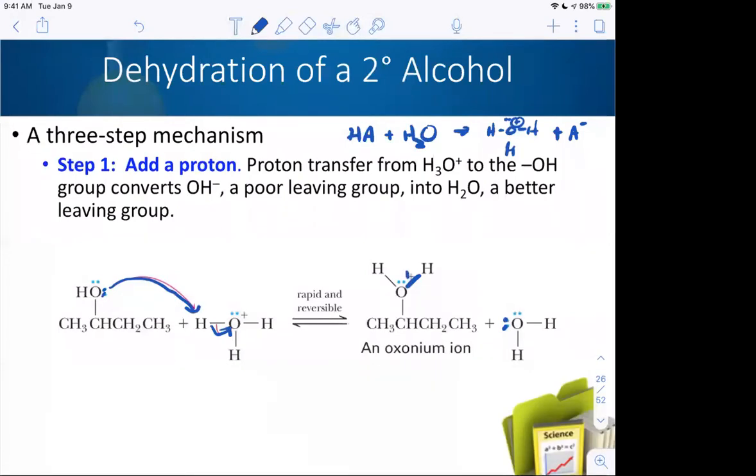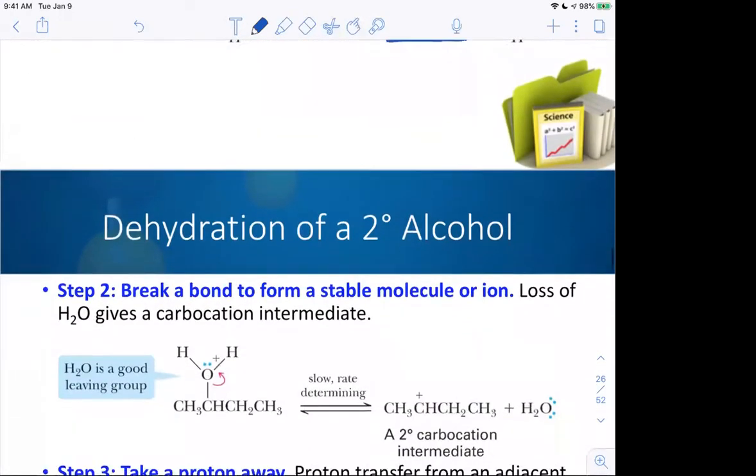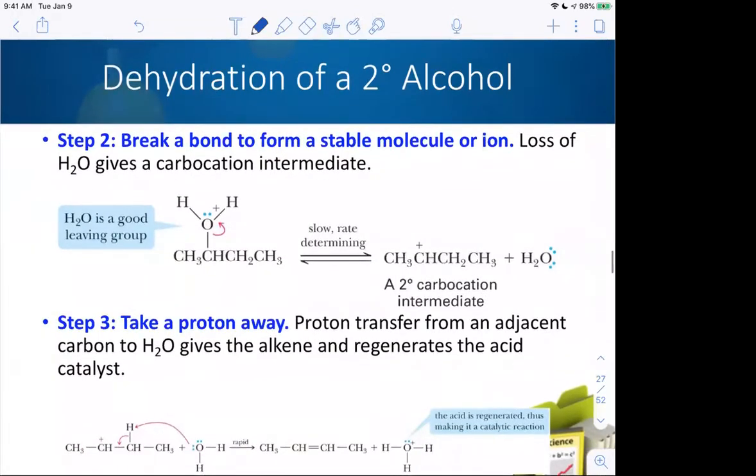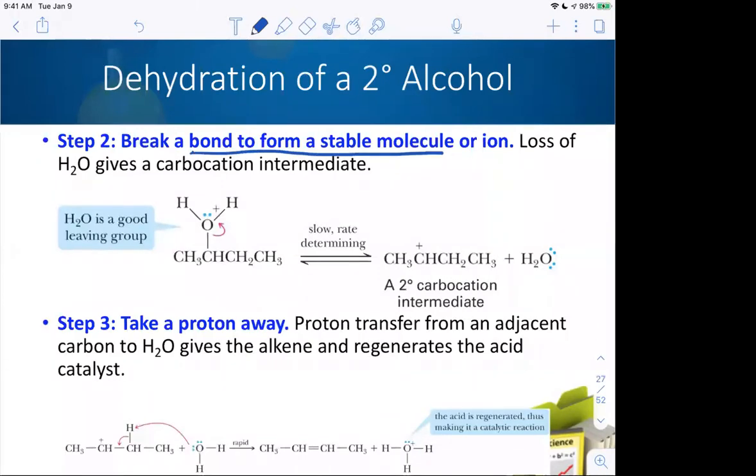I do get this positively charged oxonium ion species. Remember, this is a good leaving group, but now what's going to happen is I am going to break a bond to form that stable molecule, or I have loss of leaving group.